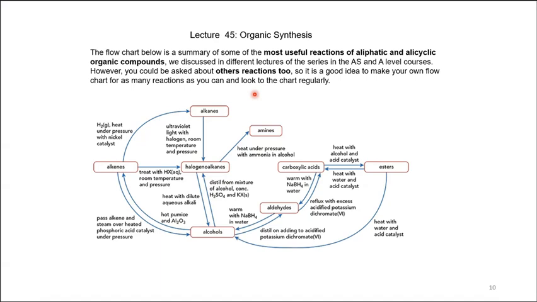Not only this flow chart, but we can also collect reactions from the chapters and make our own flow chart like this, and keep it and look at it at regular intervals. That helps you understand the reactions of organic synthesis, or organic reactions.